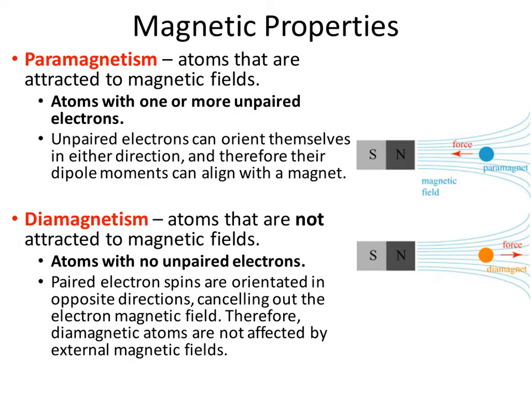Now, we can also look at magnetic properties. Some of these atoms are slightly magnetic, or actually sometimes slightly repel magnetic fields. Paramagnetism is when atoms are attracted to magnetic fields, and this comes about when you have 1 or more unpaired electrons. As we saw with oxygen, we actually have 2 unpaired electrons.